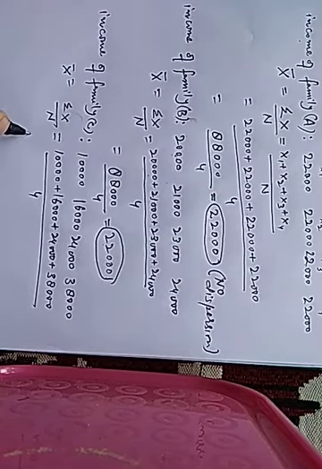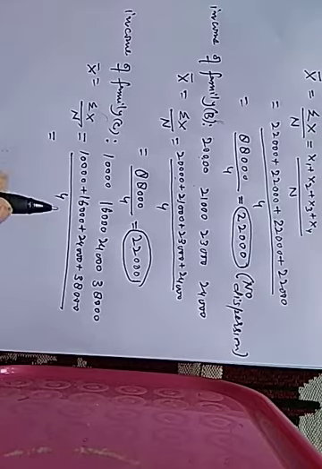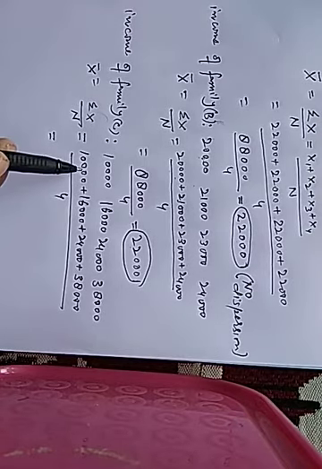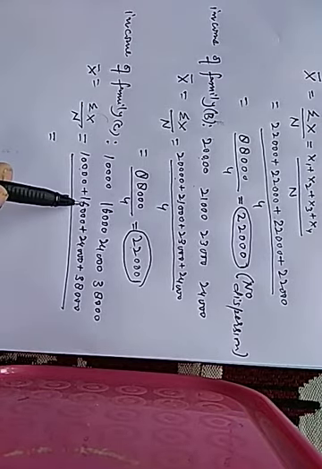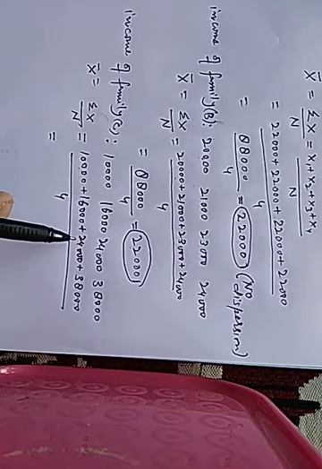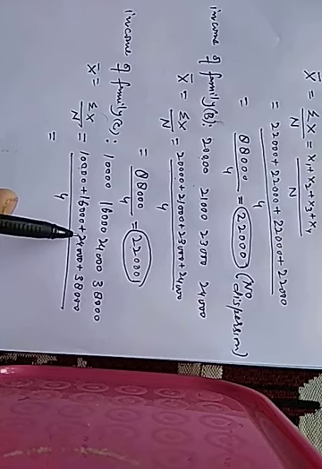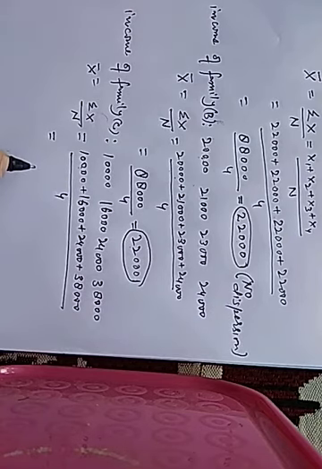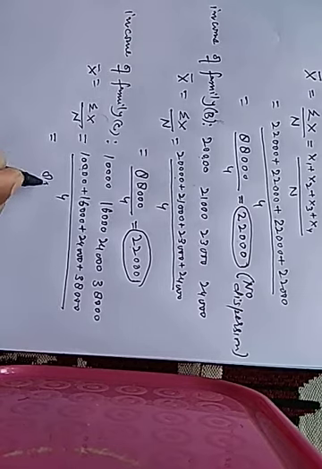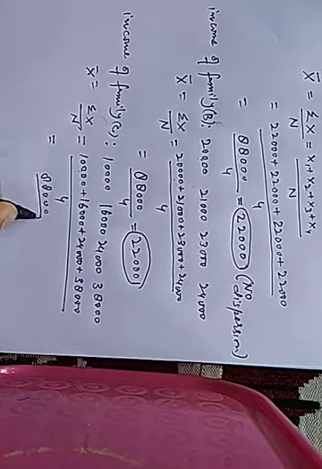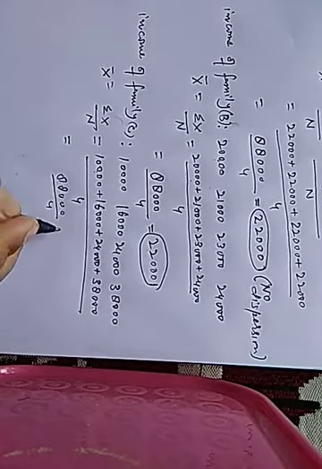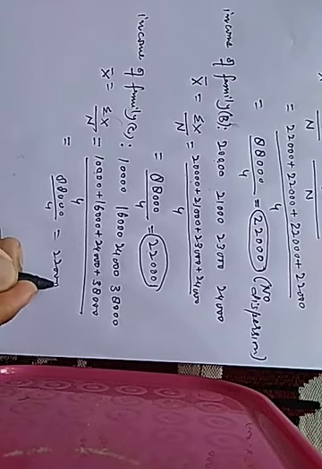It will be equal to 88,000 divided by 4, which is 22,000. Here again you get the average income equal to 22,000.